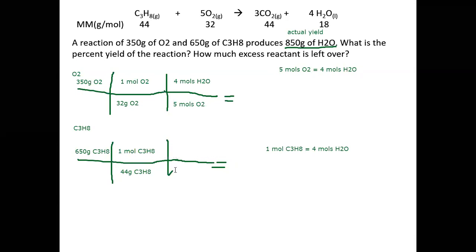Now the mole ratio here is 1 to 4. Since we're starting with propane in the top left to our empty train track, we're going to put propane on the bottom and water on top. So now let's see which one produced the fewer moles of product.